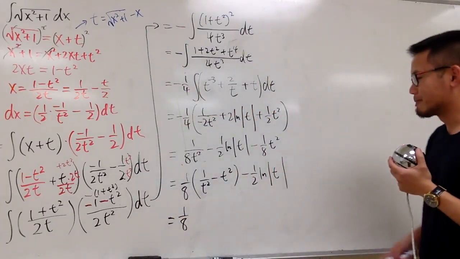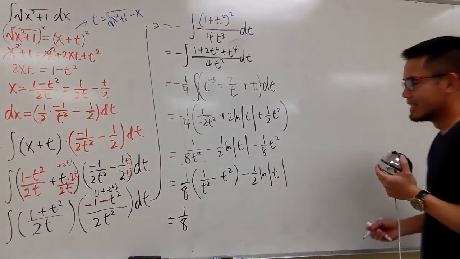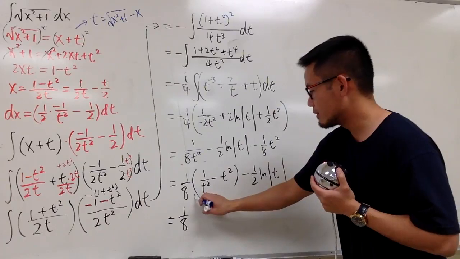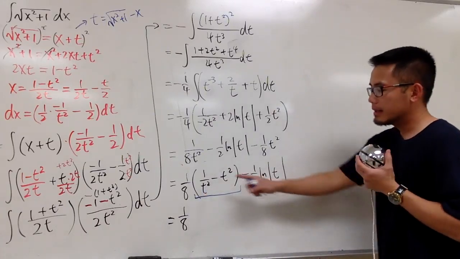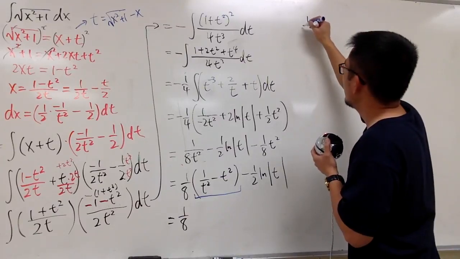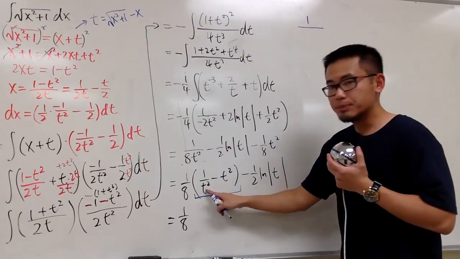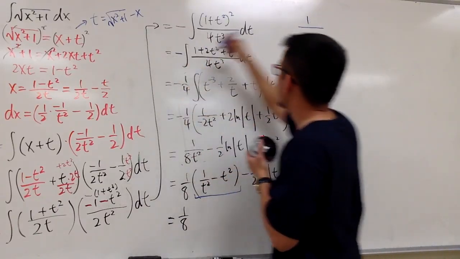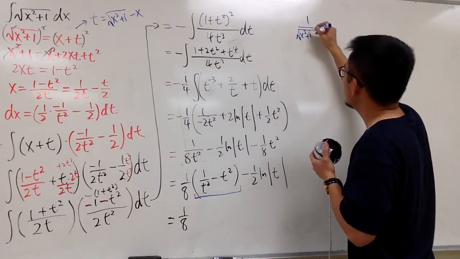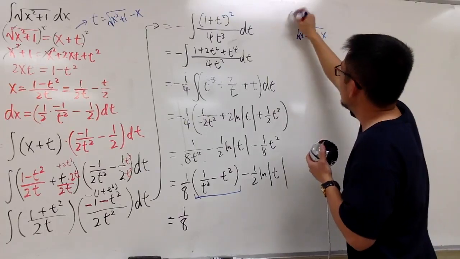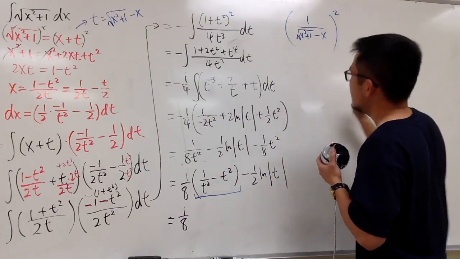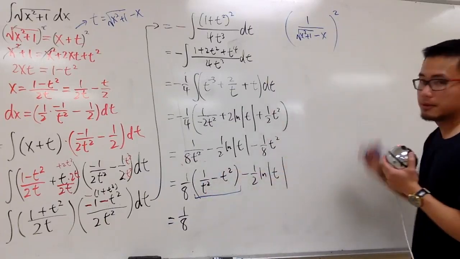So I'm just focusing on this part, and I put this down in blue. t is that, so you will end up with 1 over, and let's put down a t as this inside here, which is the square root of x squared plus 1 minus x, and let me put the power to the top like that. So this right here is for this.